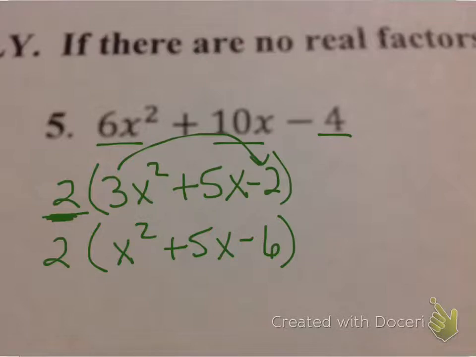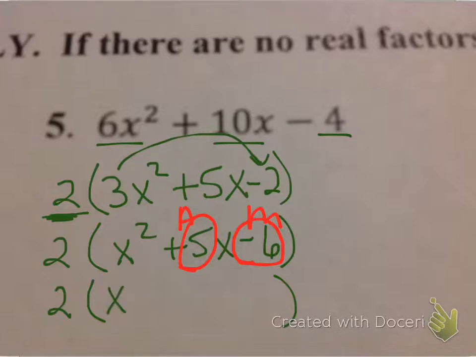So in the next step for this problem now, I need to know what multiplies to give me negative 6 and adds to give me positive 5. So the factors that give me 6 are 6 and 1 or 2 and 3. 6 and 1 and 2 and 3 can both give me 5, but it has to multiply to give me negative 6.